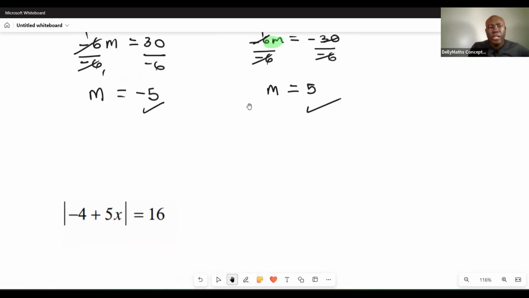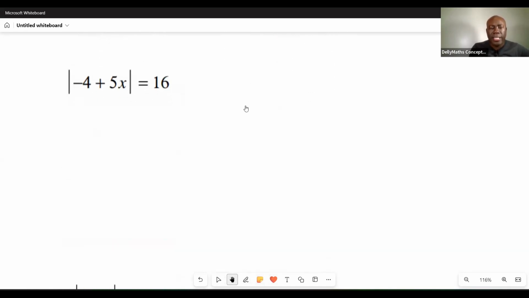Let's take a look at another question. In this question, we're looking at the absolute value of negative 4 plus 5x is equal to 16. The procedure remains the same. We're going to take this and set it equal to 16 as well as negative 16.